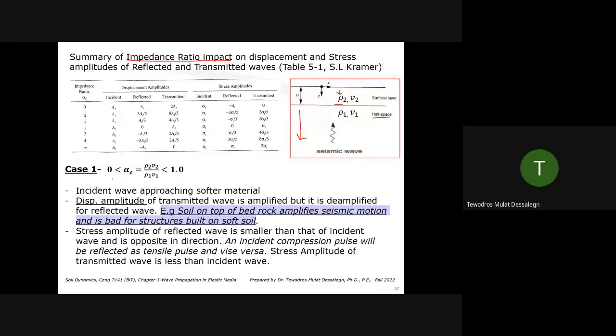Now let's see case 1. The impedance ratio is the ratio of density 2 times V2 by density 1 times V1. We're assuming a wave propagating upward, coming to the ground surface. When the impedance ratio is between 0 and 1, we're talking about this area.